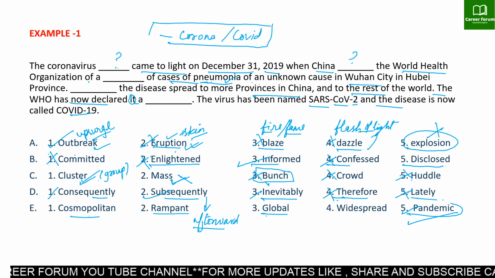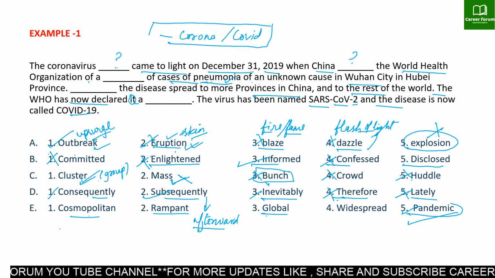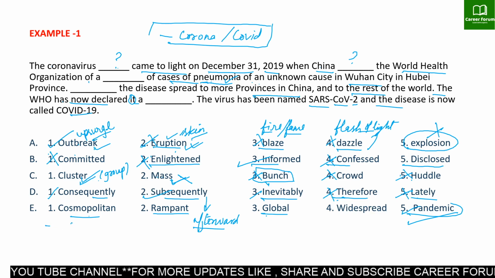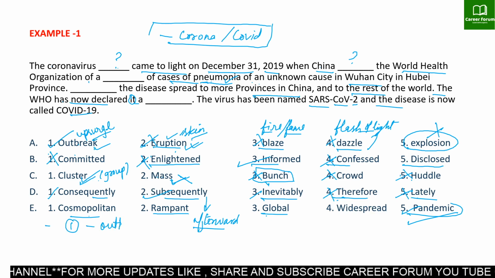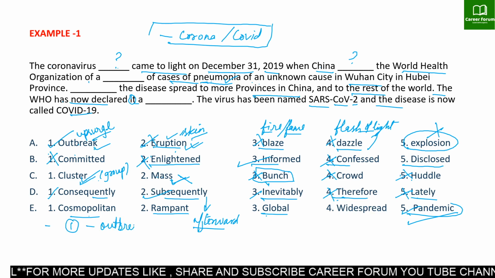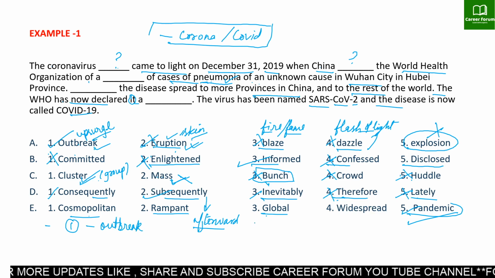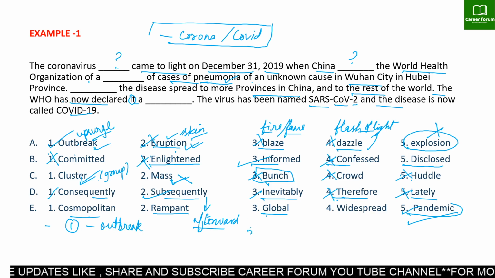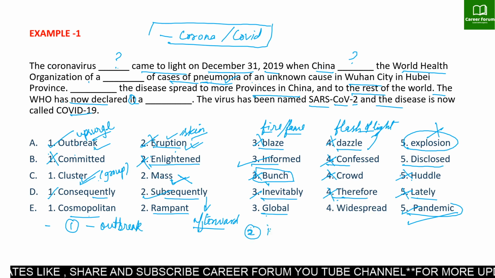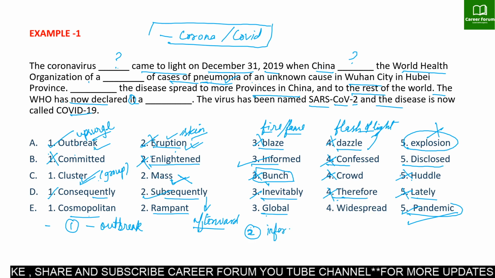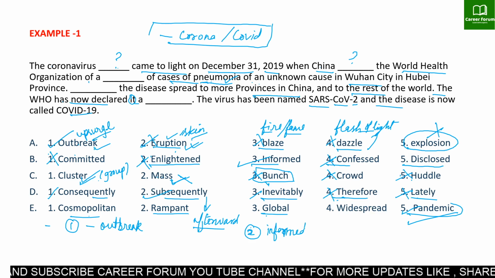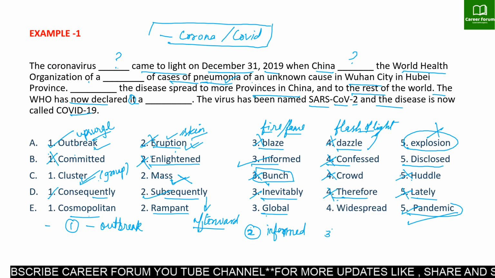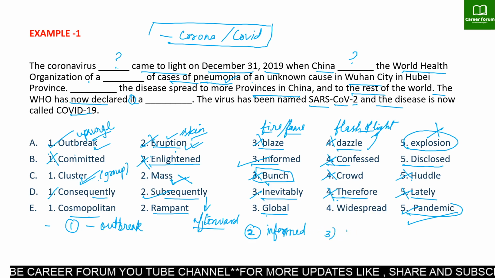So if I talk about the options, in blank 1 you can write outbreak. In the second blank it's informed. In the third we need cluster.